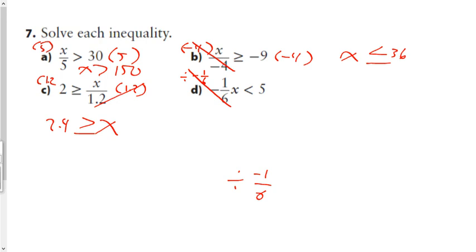But let's just think for a second clearly. How would you divide by a fraction? You would actually change it to multiplying by the reciprocal, correct? Does everyone agree with that? Yeah? So therefore, all values. Now, do I have to flip my inequality sign? Yes, because I divided or multiplied by a negative value. My solution would be any value greater than negative 30.